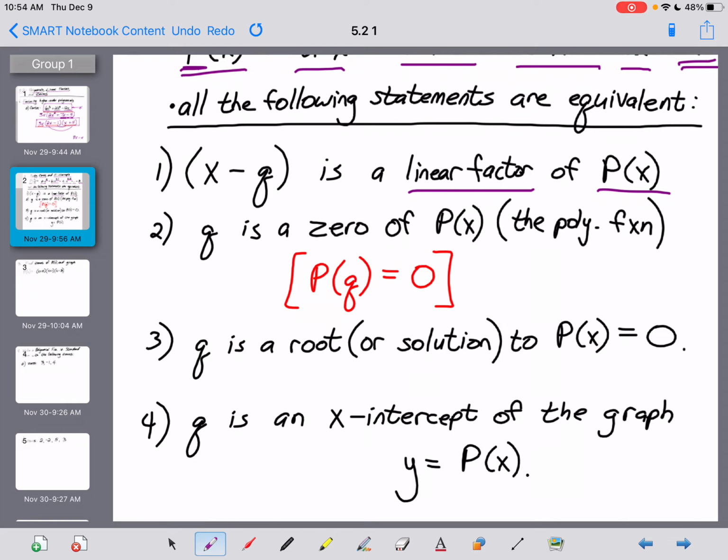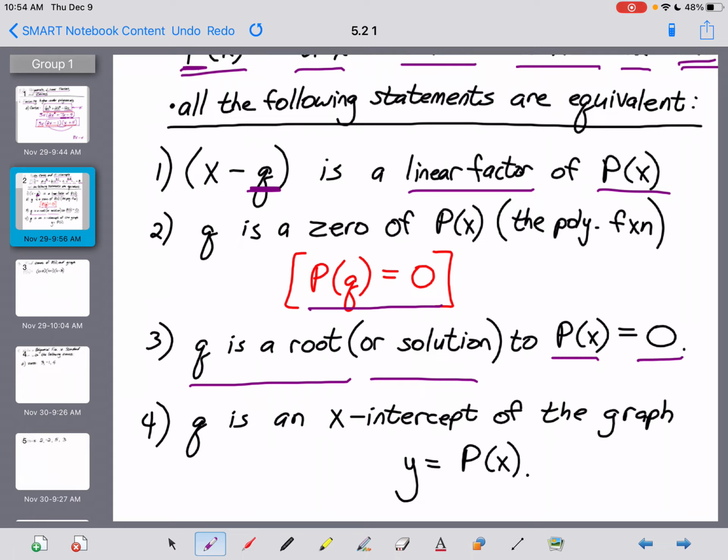The second one right here, it says that if q is a 0 of the polynomial function, which means that the polynomial evaluated at that q value is equal to 0, that comes from this same number that we just found here by factoring. Don't worry about that. We'll explore that a little bit more. It's also equivalent to saying that q is a root or a solution of the polynomial equation p of x is equal to 0.